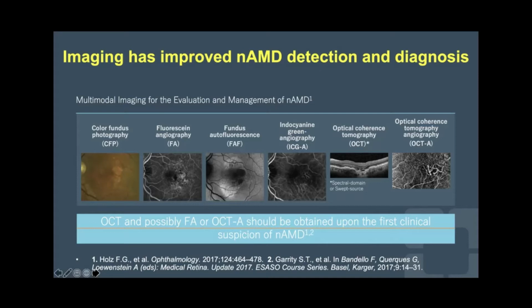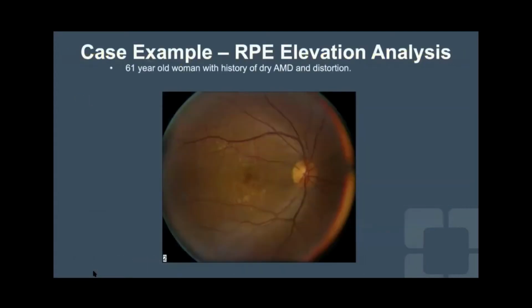And pretty much for the most part, we rely upon the last two, which is OCT and OCTA. I wanted to walk you through where we've learned so much through both OCT and OCTA about this disease state. Here's an example of a patient, a 61-year-old female with a history of dry AMD and distortion. You can see clearly on the examination, this patient has a large soft drusen present.